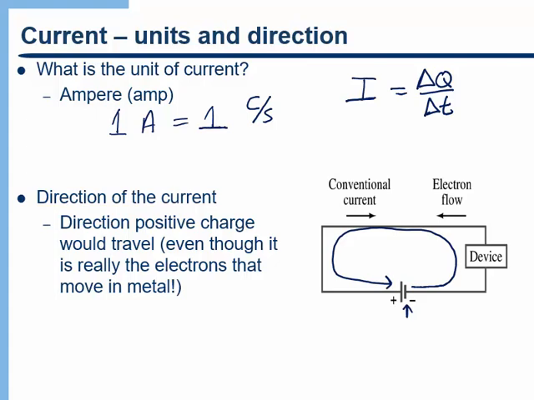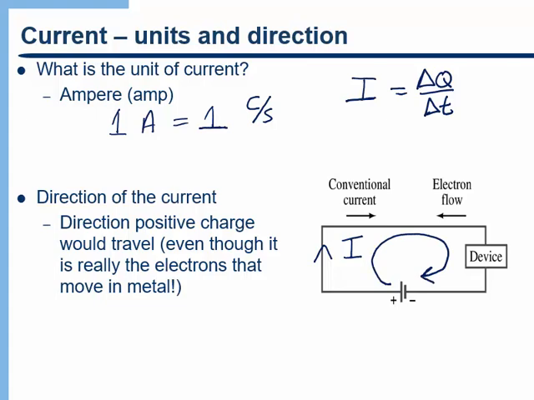However, in electronics and in all of physics, we define the current flow as the direction that positive charges would travel. So when I ask you what's the direction of the current in the circuit, think of it as the direction that positive charges would go. So in other words, a positive charge would go in that direction.